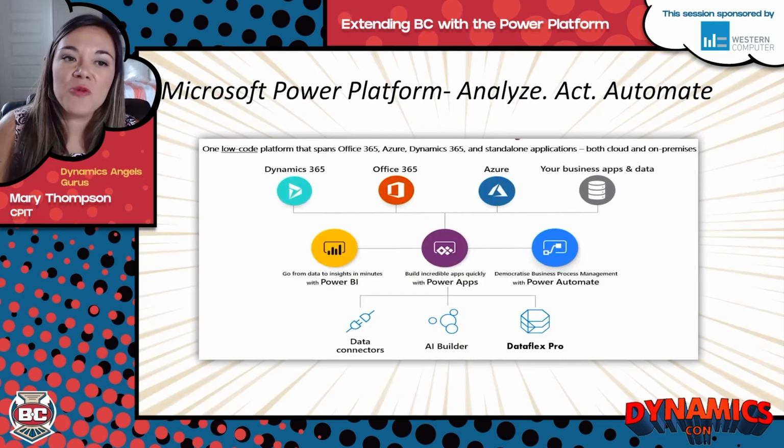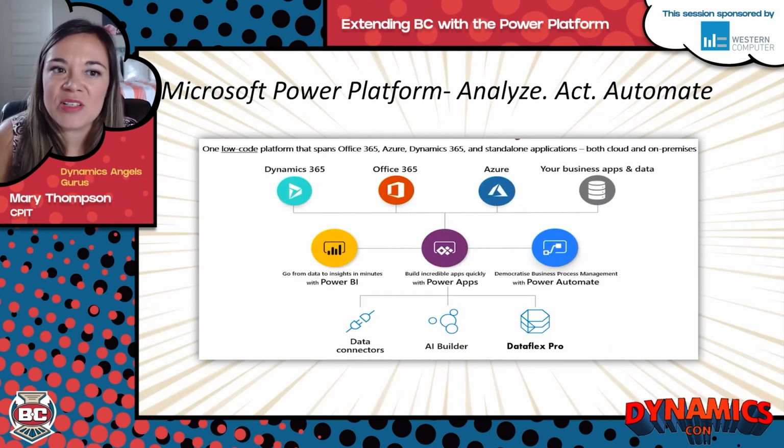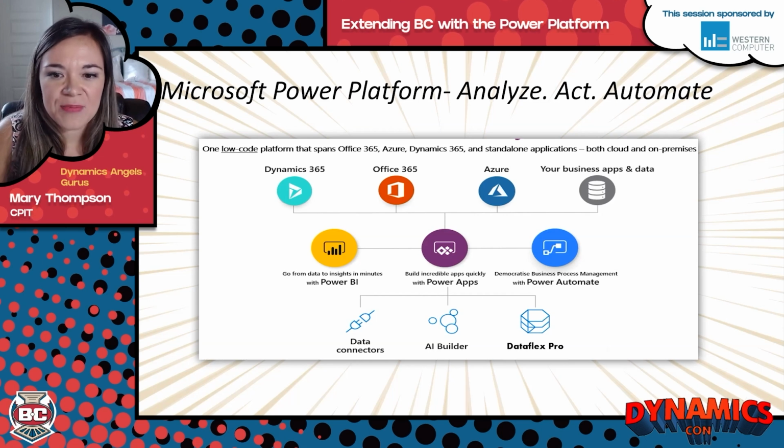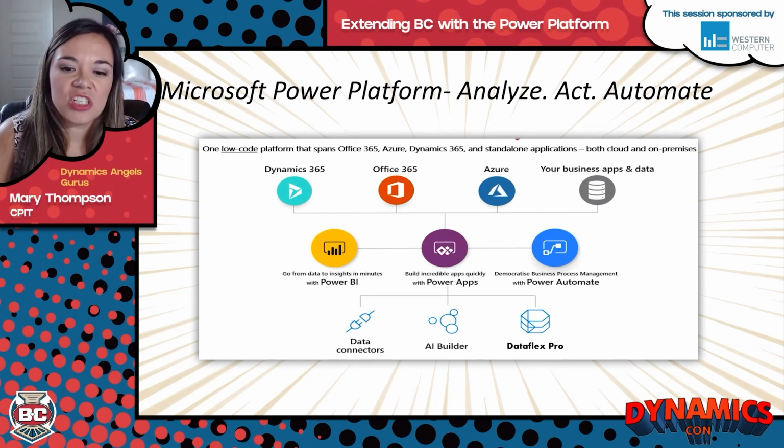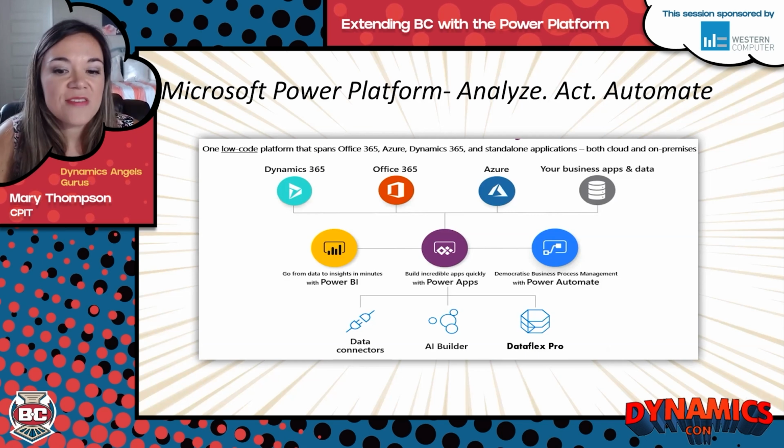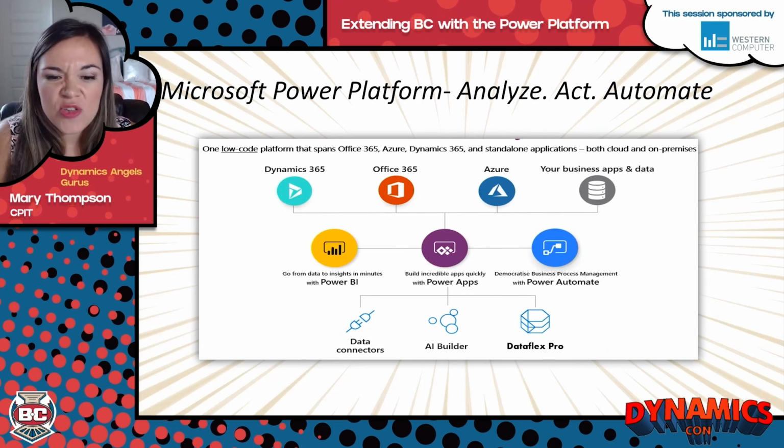So now we're going to talk a little bit deeper about Microsoft Power Platform, where you're going to analyze, act, and automate. It's about connecting business data in a well-structured form that facilitates reasoning over it. But it's not just your business application data. You have productivity and collaboration data from Office 365, including email, calendars, phone messaging.